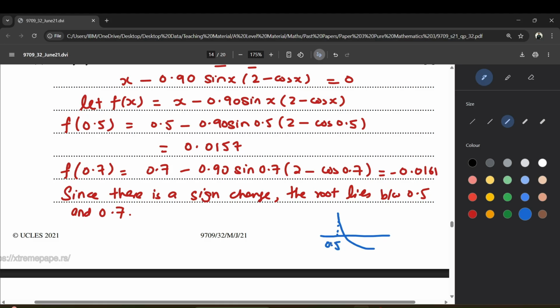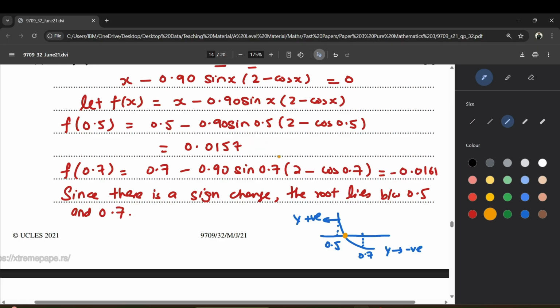So for x equal to 0.5, you have a value which is above the x-axis, so the y value is positive. After passing through, around 0.7, you can see that the y value is negative. So that means that your root lies somewhere between 0.5 and 0.7. We don't know that, and that is what we are trying to find out.